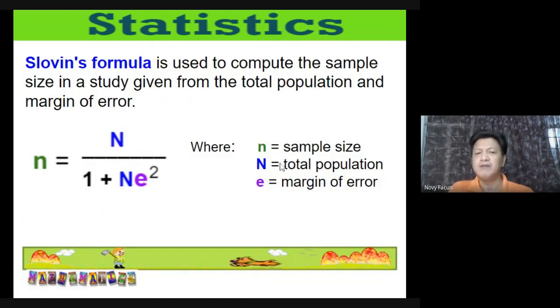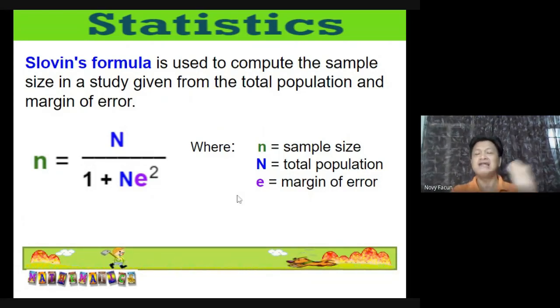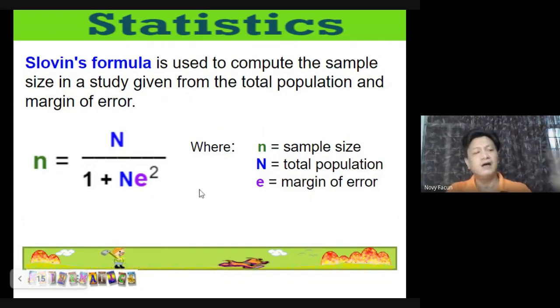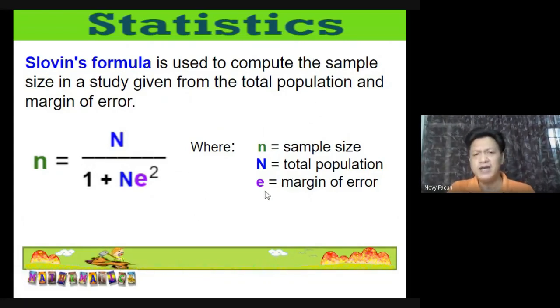Okay. So, di ba yung sample size natin, sila yung magre-represent for the entire population. Kaya kukuha lang tayo ng sample doon sa population. Yung e naman ito, this is the margin of error, no? Pag sinabing margin of error, yun yung percent. Kung gusto mo ng 5%, usually ginagamit 5%.